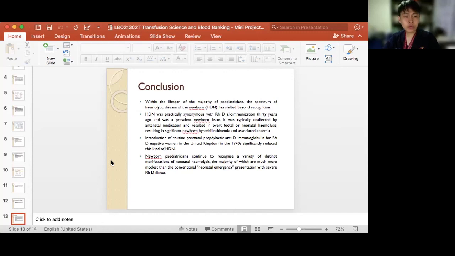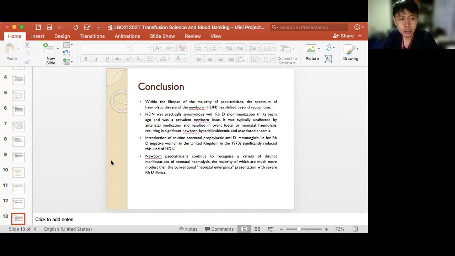However, the introduction of routine postnatal prophylactic anti-D immunoglobulin for rhesus D negative women, as done in the United Kingdom in the 1970s, significantly reduced this kind of HDN, and so ranks as one of the great success stories of modern prenatal care.